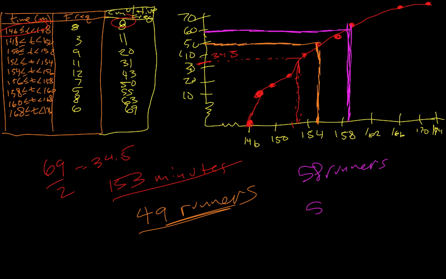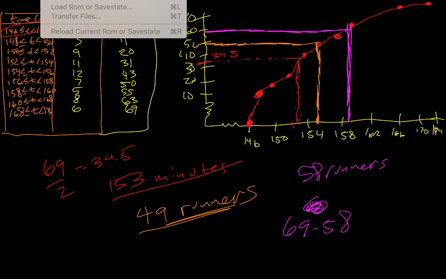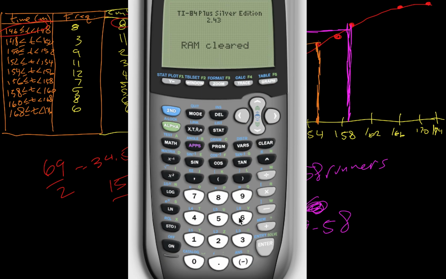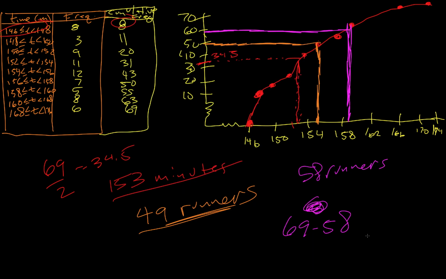Oh wait, sorry. 58 were slower. We want that took more than that. So we're going to have to say 69 minus 58 to figure that out. So 69 minus 58, so we get 11.